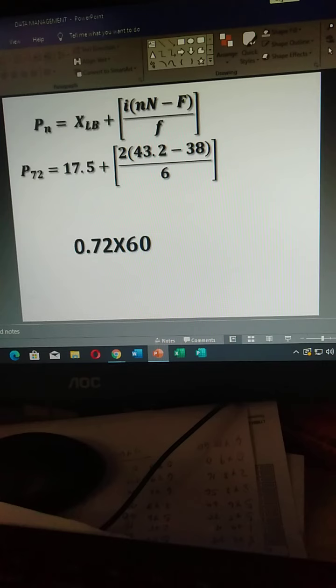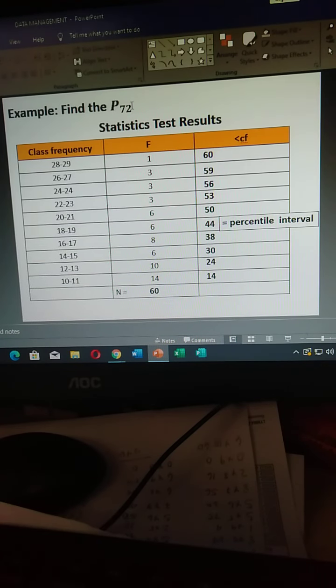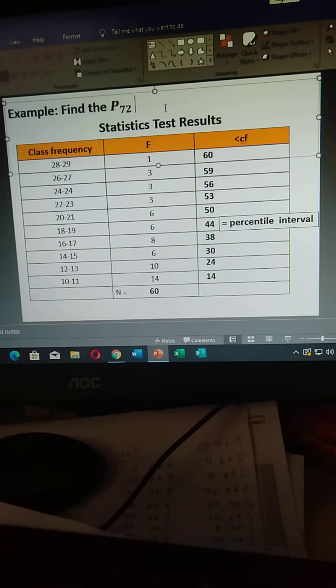So, for example, hinahanap natin dito sa example ang P72. First na gagawin is convert 72 into decimal. 72 is equal to 72% is equal to 0.72. I-divide nyo lang yung 72 into 100 or move 2 decimal places to the left para makuha yung 0.72.